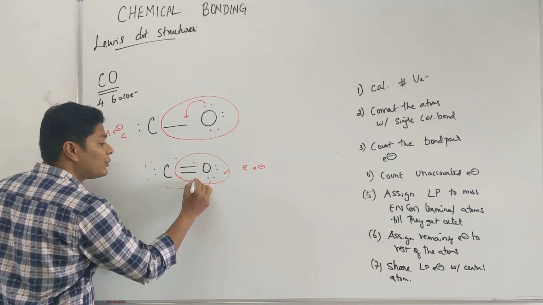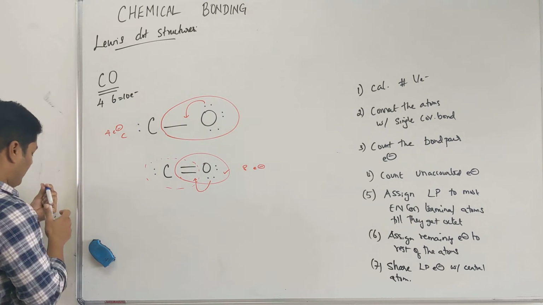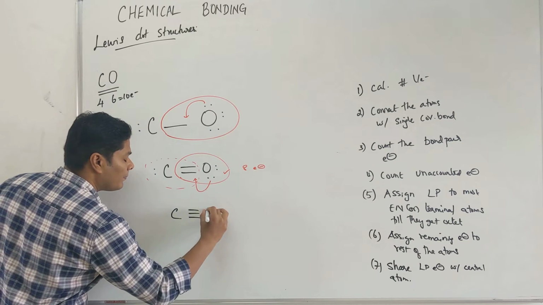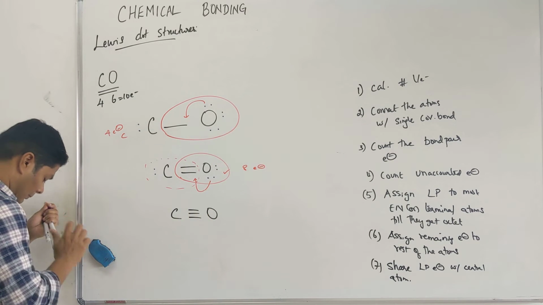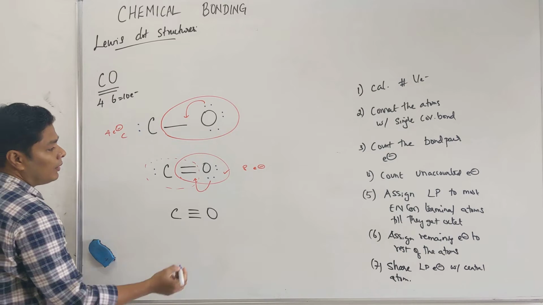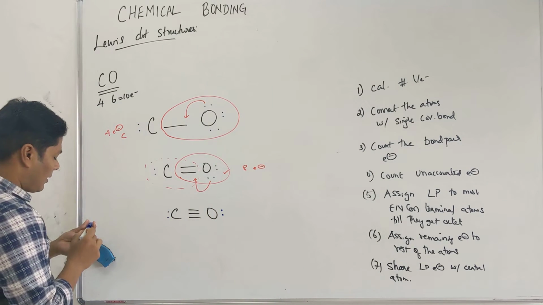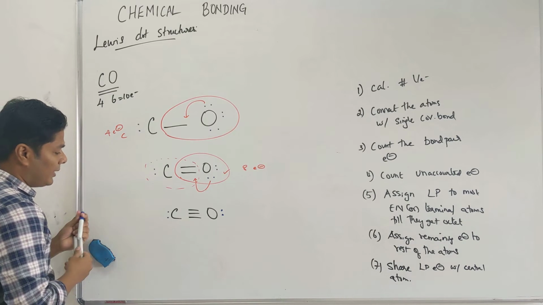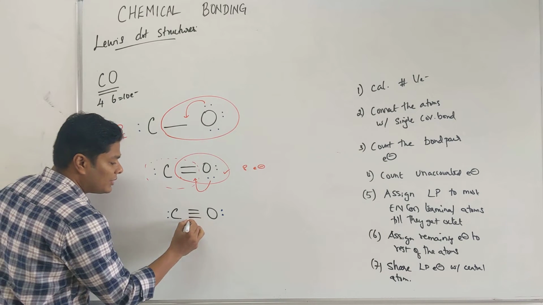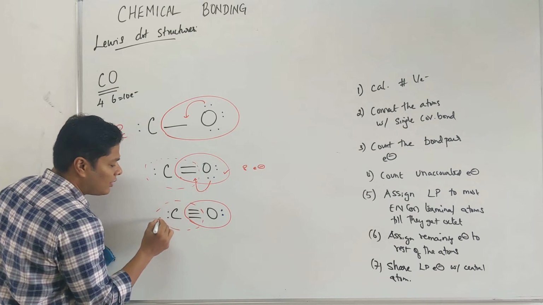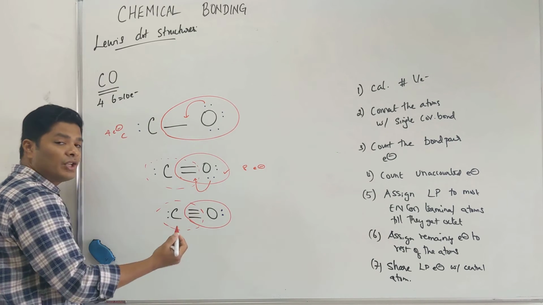So I have to move these 2 electrons as well. So there is a pair of electrons here, a pair of electrons here. Now when you look at it, oxygen has an octet, carbon also has an octet. So this is the Lewis dot structure of CO.